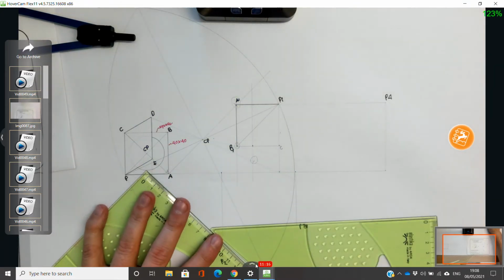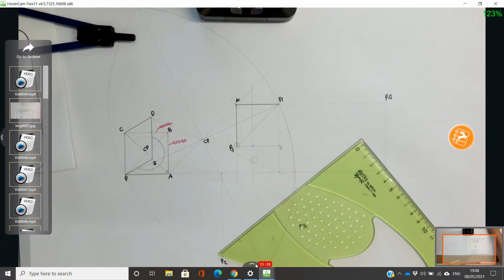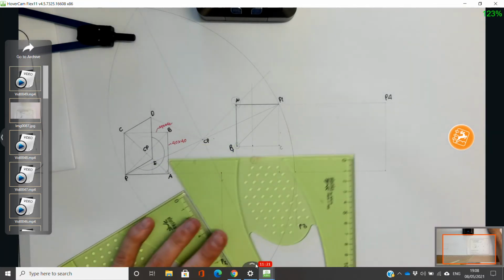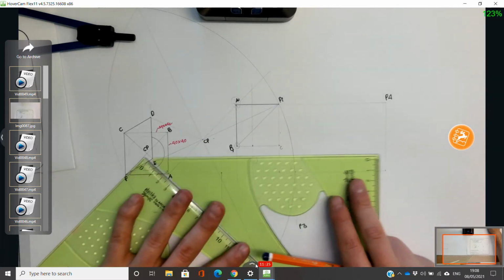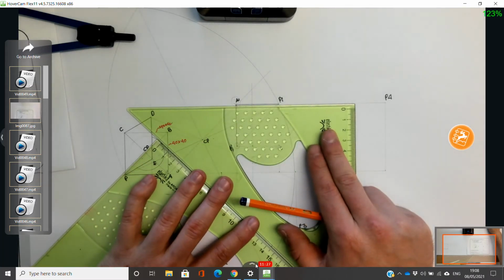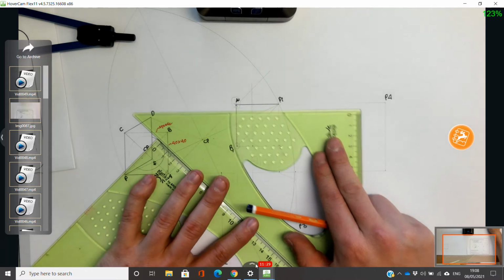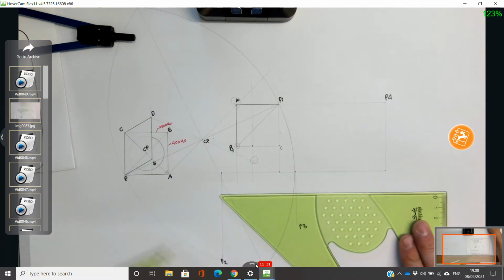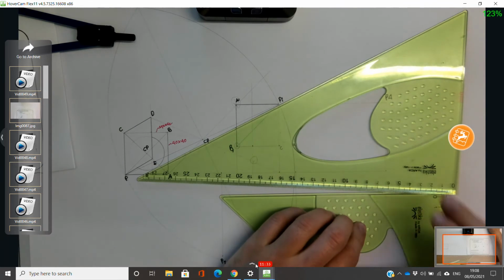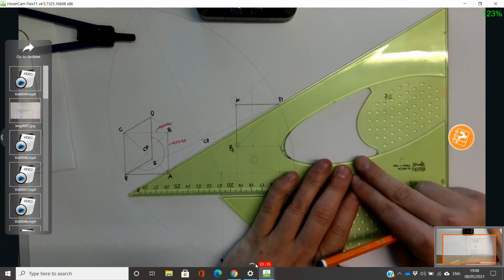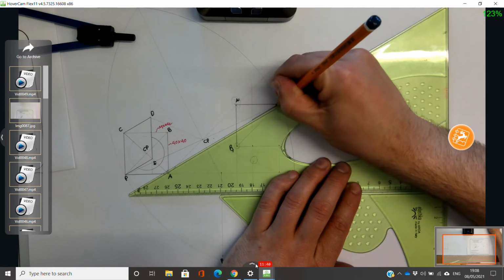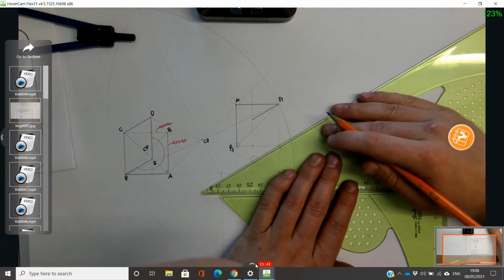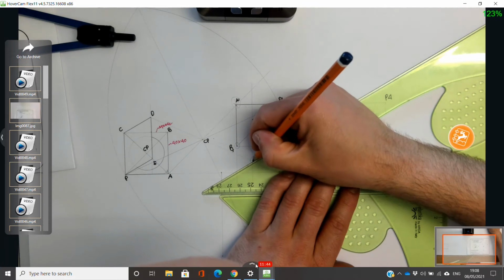Now remember, what were we saying? It was 30 degrees. So the size is 30 degrees from P to A, 30 degrees. So we're going to line our set square up there. And we can mark in the line there, and from CP.